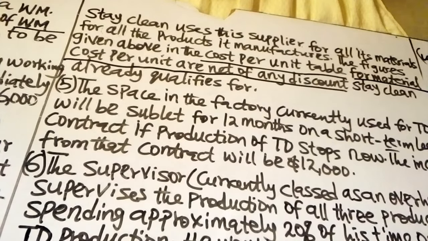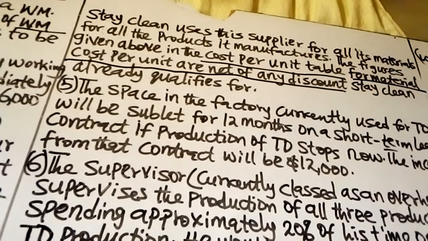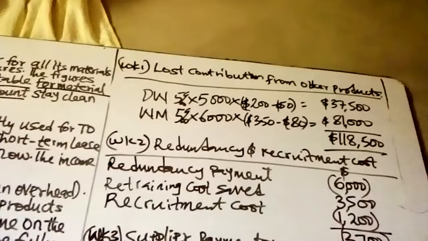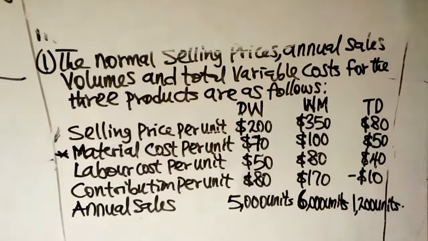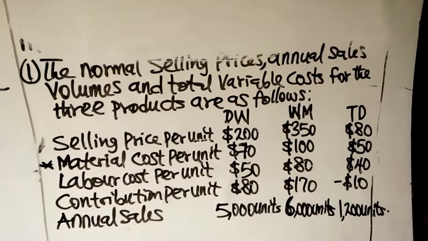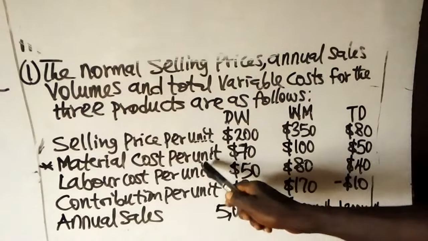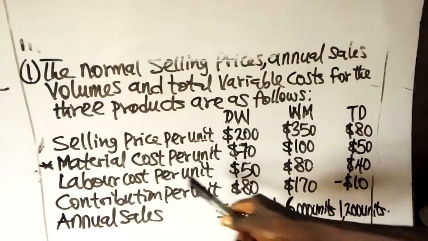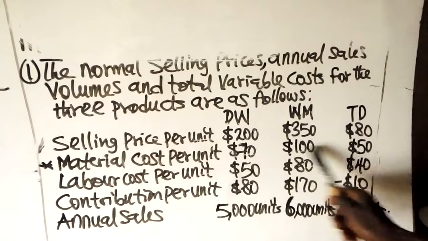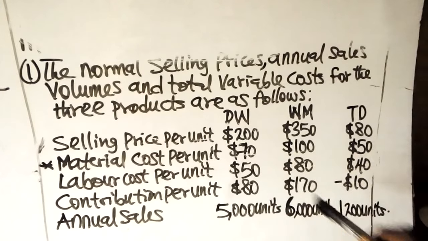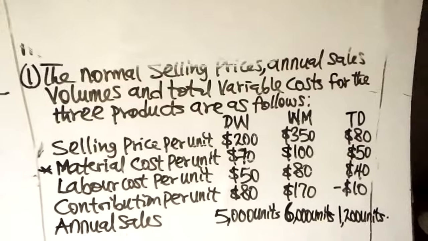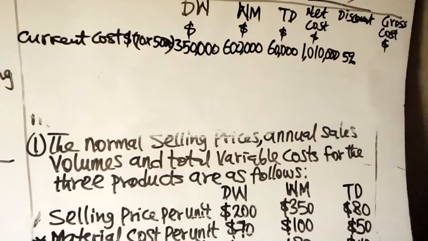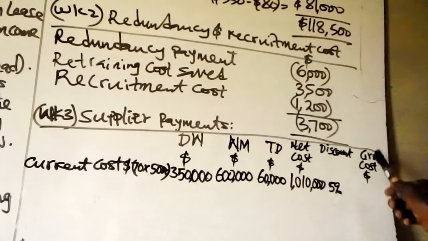That means, since that figure is net of discount, Stakely qualifies for a 5% discount. That means the 5% will have been deducted from this. This is equivalent to 95%. So, if this is equivalent to 95%, then you will need to calculate the gross cost.